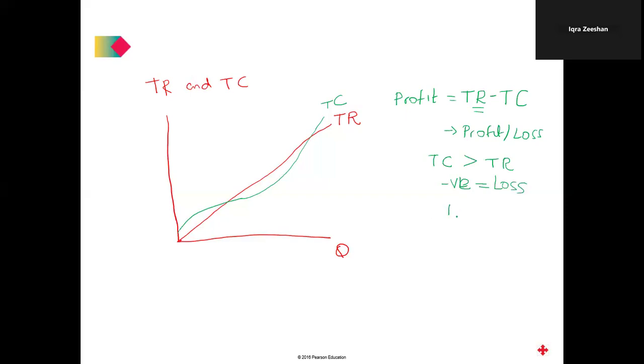If total revenues are more than total cost, then this formula will give us a positive answer, which means that there is an economic profit.